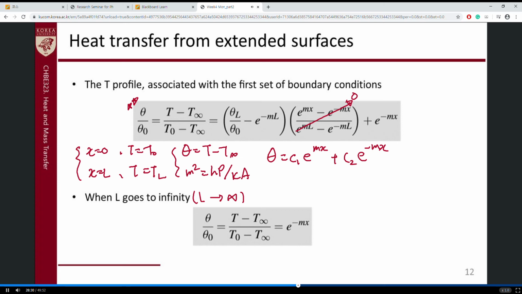So eventually all this stuff will go to 0. So theta over theta 0 will be e to the minus mx. Okay? This solution can work when L goes to infinity. What does that mean? The fin is very, very long.